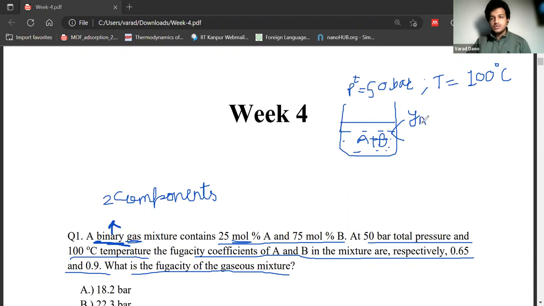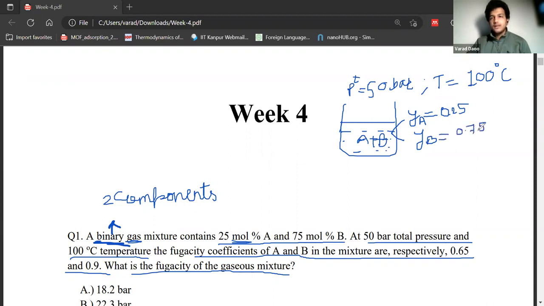Conventionally we use y for gas phase mole fraction, whereas we use x for liquid phase mole fraction. As it has been mentioned that it's a gas, the mole fractions are vapor phase mole fractions. So yA is given as 0.25 and yB is given as 0.75.